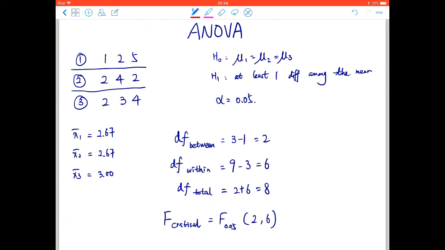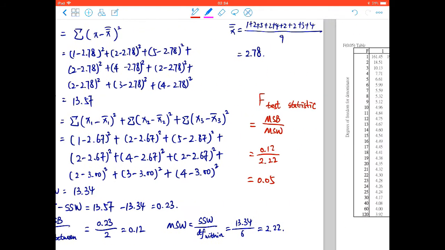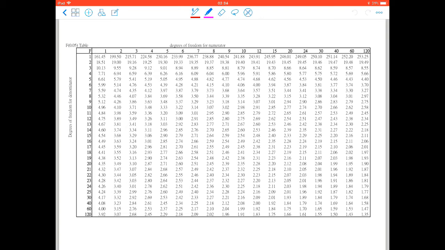Now we're going to check the table. Now I will teach you how to check the table. First of all, you need to check that the table relies on alpha equal to 0.05. If not, you may need to find another table. Now, the degrees of freedom for the numerator is 2, and the denominator is 6.